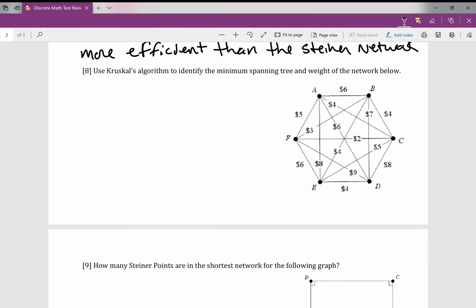Problem 8, use Kruskal's algorithm to identify the minimum spanning tree. So again, this is just constructing a graph using the smallest weights in the graph. We just go through picking the smallest values and connecting them.